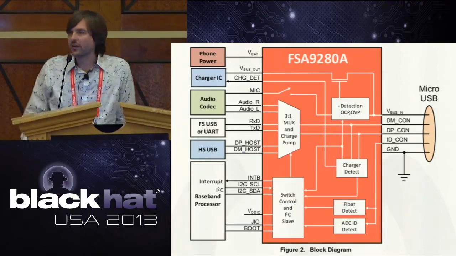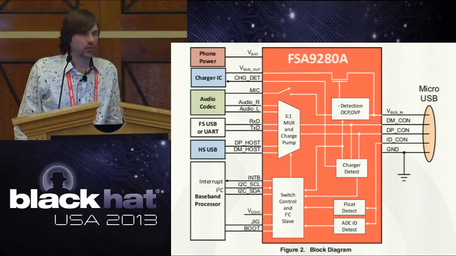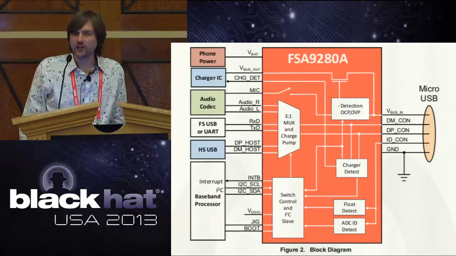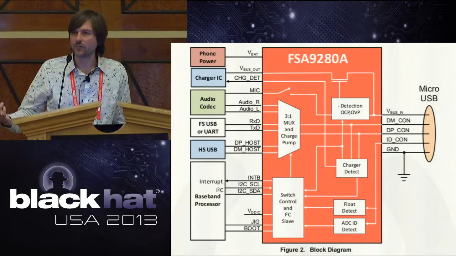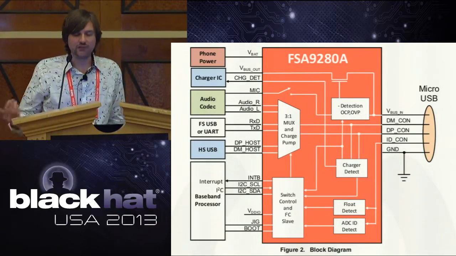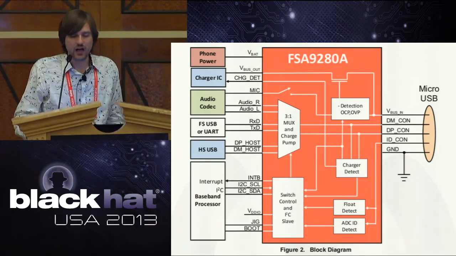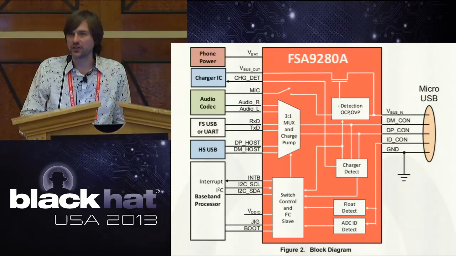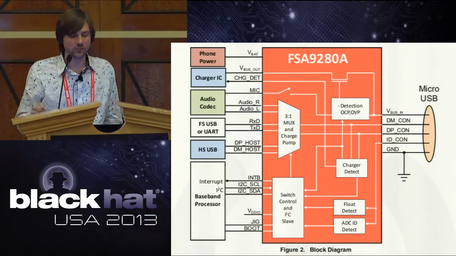This is a diagram from a data sheet from one of those multiplexer ICs. And you can see that on the right-hand side, there's the connection to the USB port, a micro USB connector. And on the left-hand side, there are connections to various back-end things within a phone, for example. One says HS USB, that's the high-speed USB connector. So that's what you'd expect to connect to when you plug into a USB port.